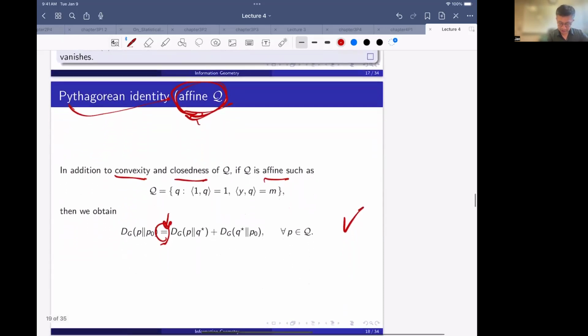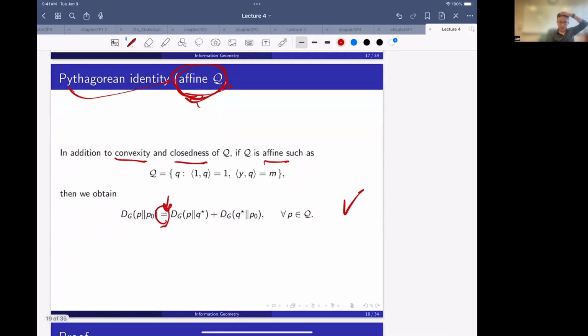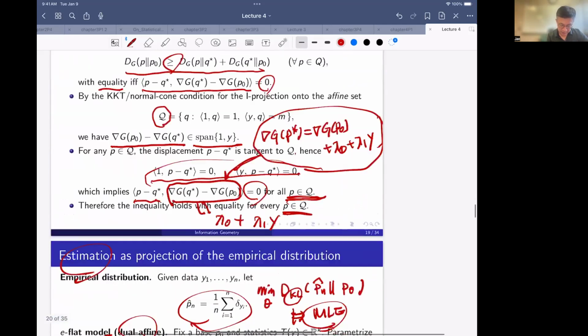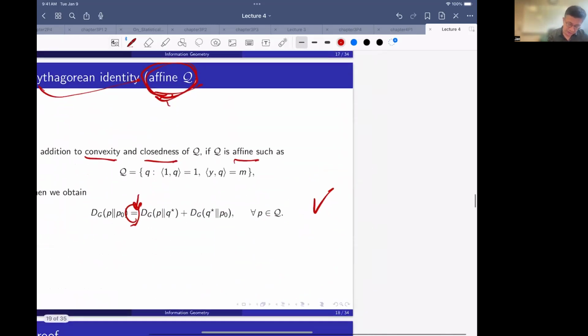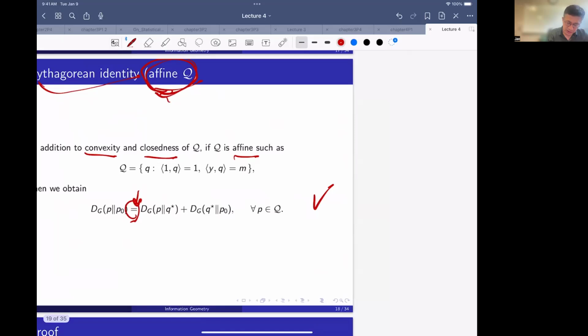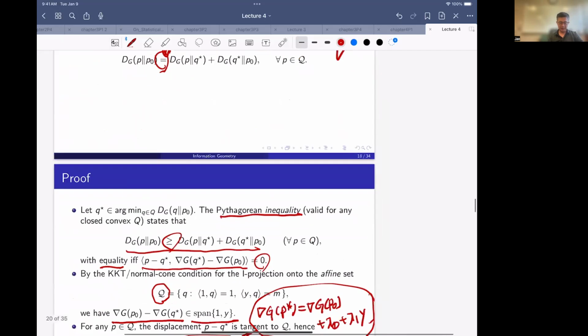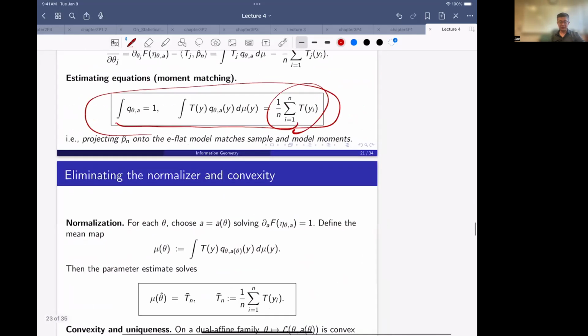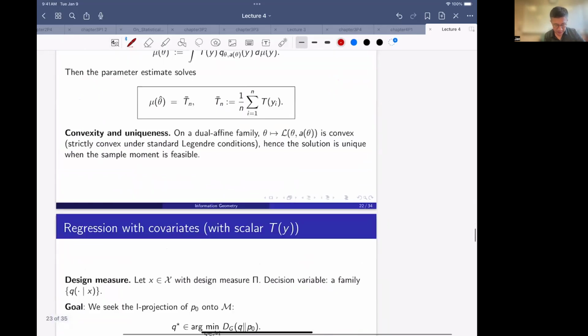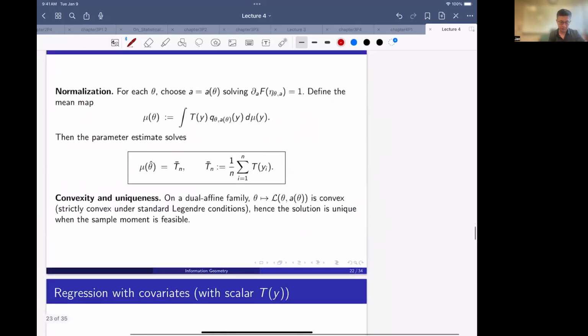You could also consider allowing this M to be unknown and do some other things. This Pythagorean equality is only established for the affine, dually flat case. We use dually flat, but there could be other approaches too, though I don't know.